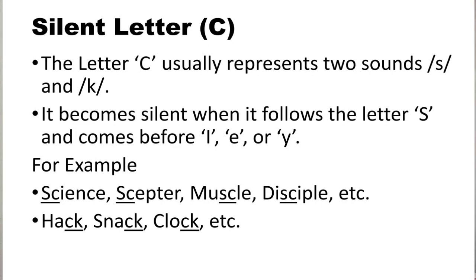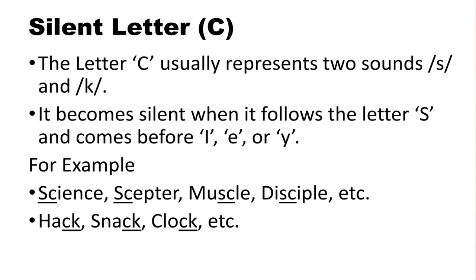It becomes silent when it follows the letter S and comes before I, E, or Y. The examples regarding the silent C are science, scepter, muscle, disciple, and some other examples like conscience, conscious.